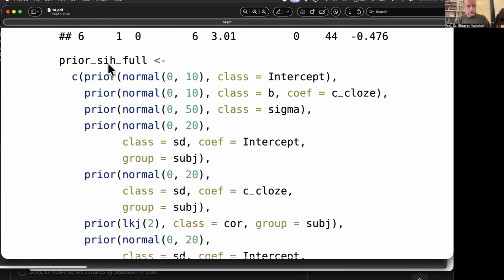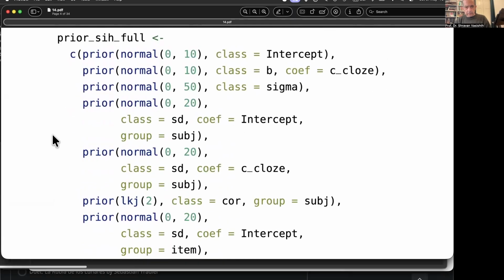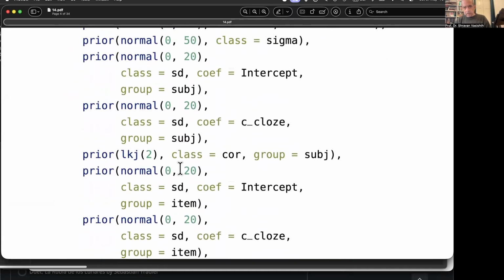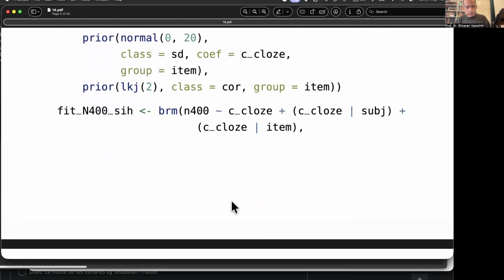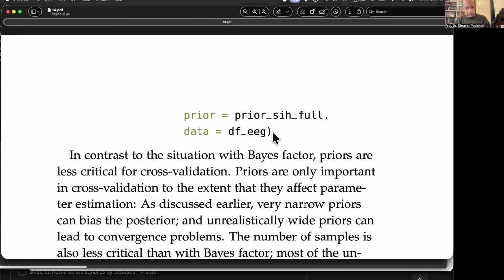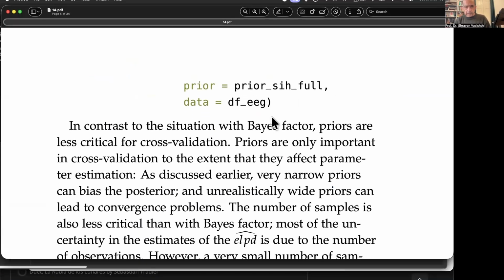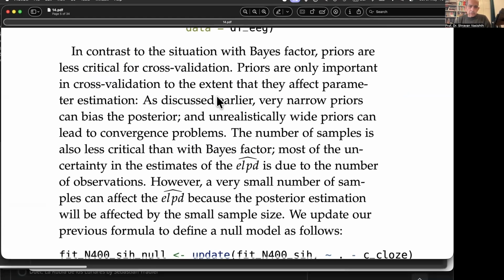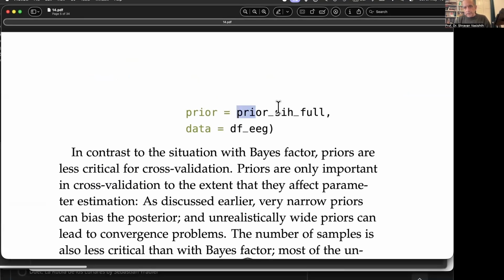Okay, so we fit the full model, which is a standard hierarchical model with the usual priors: fixed effect intercept, fixed effect slope, intercept and slopes by subject, intercept and slopes by items. We've seen that before. Here are the prior specifications. And here, unlike Bayes factors, one thing to remember is that in cross-validation, the priors only matter to the extent that they bias the posterior.